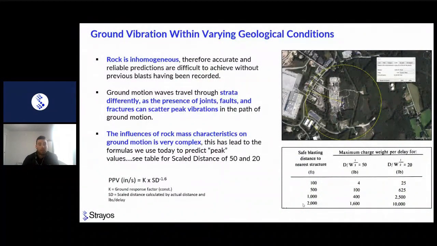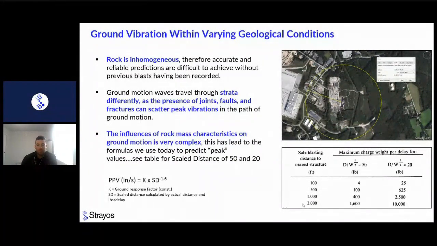This has led to the formulas we use to predict peak particle velocity, depending on certain site factors. Whether it's K factors, you're designing your blast for certain scaled distances and getting a good PPV prediction based on your blasting operation. You can see calculating PPV here with your K factor and your scaled distance. For example, with a scaled distance of 50, if you're 100 feet away, that gives you 4 pounds for a charge weight, essentially.